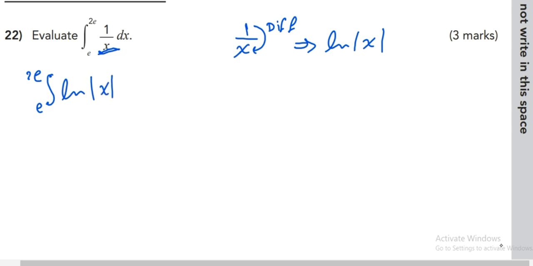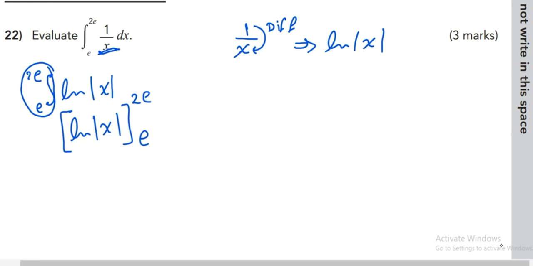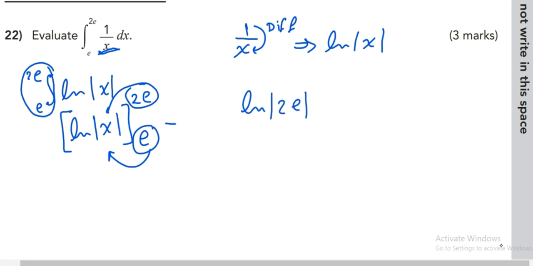But this part will be converted to a bracket like this and put the values here. So we'll substitute the first value, then substitute the second value, and subtract. So the first one will be ln of 2e, the second will be ln e.